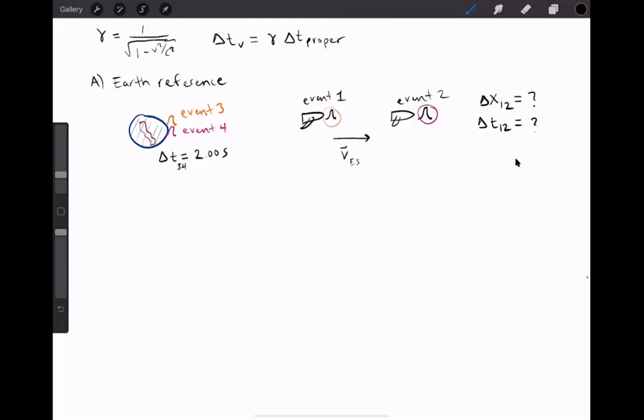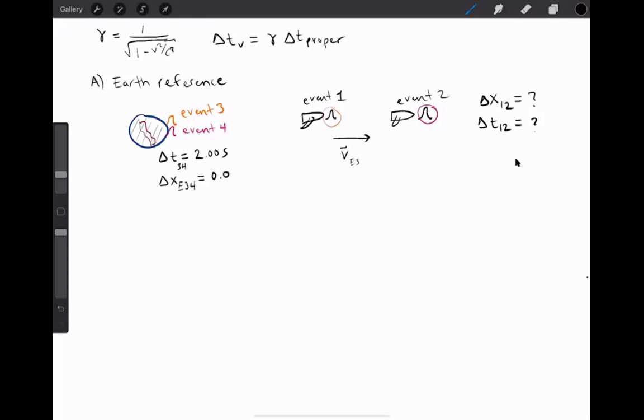Okay. And then we also have something that we know. What is the space interval between events 3 and 4 on the Earth? 0.